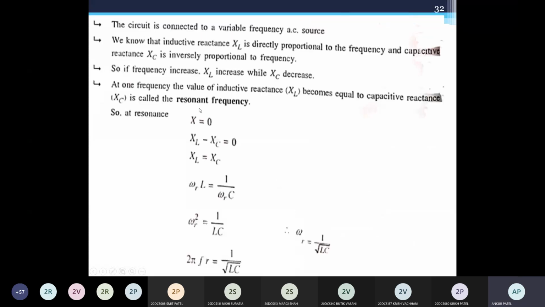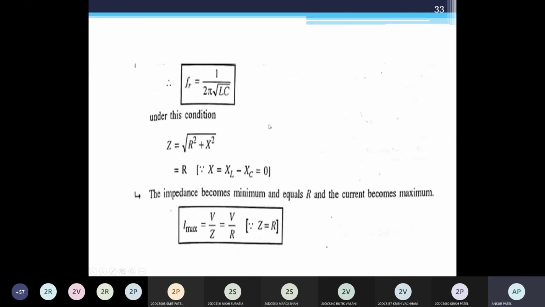We need to prove this resonant frequency F. Under this condition, Z becomes R. That is, the net reactance X is equal to XL minus XC equal to 0. As current becomes maximum, the impedance becomes minimum.